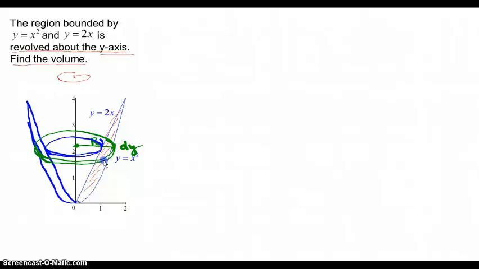So we have a hole in the middle, and the distance from the y-axis to the line is our little r.